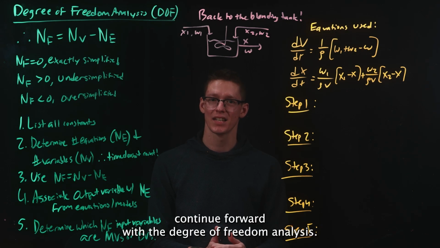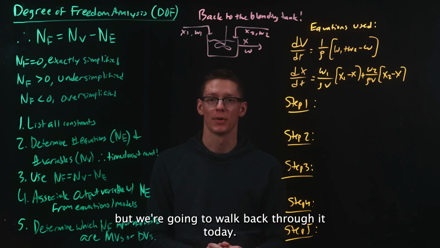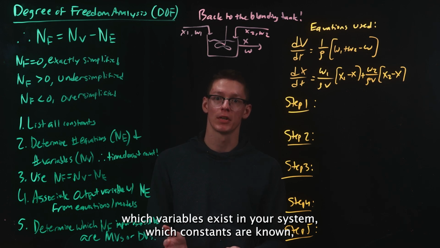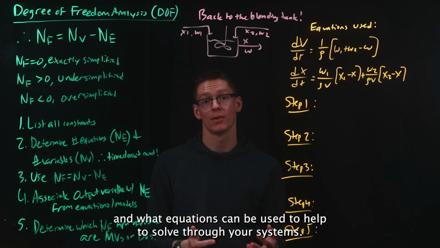Let's continue forward with the degree of freedom analysis. So degree of freedom analysis is something that's talked about initially in 2200, but we're going to walk back through it today. A degree of freedom analysis allows you to figure out exactly which variables exist in your system, which constants are known, and what equations can be used to help solve your systems.